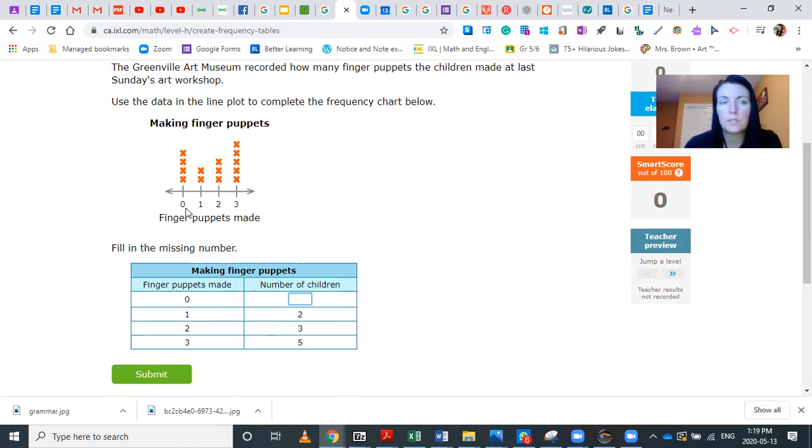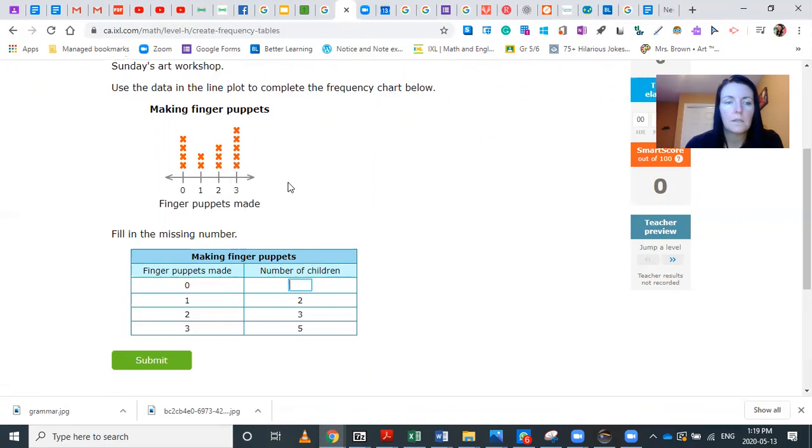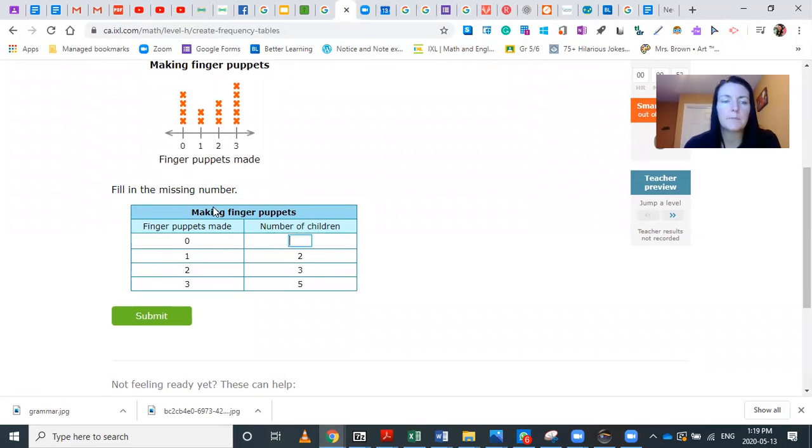Right? 4 children made no finger puppets. 1 finger puppet. 2 students or children made 1 finger puppet. 3 children made 2 finger puppets, and 5 children made 3 finger puppets. Okay? Right, so fill in the missing number.